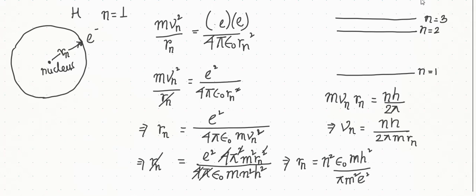And this m and this square also cancel out. So this becomes epsilon naught h square divided by pi m e square.